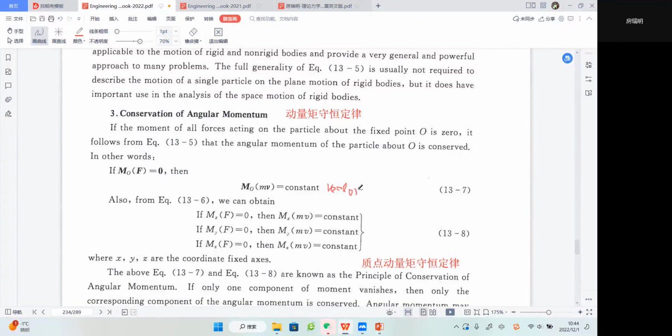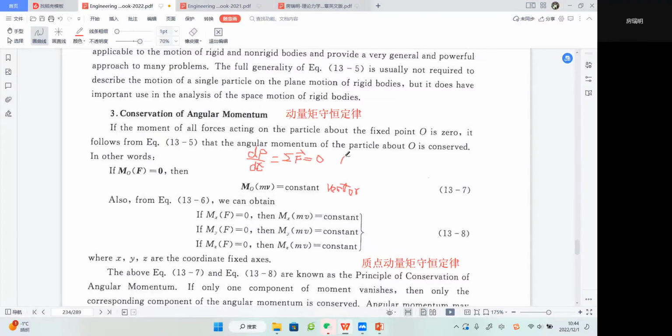So it is almost the same as what we have learned from chapter 12. Maybe I can give you a guess, because our principle of momentum is dp/dt equals sigma F. So if we know sigma F is 0, that means dp/dt has to be 0.